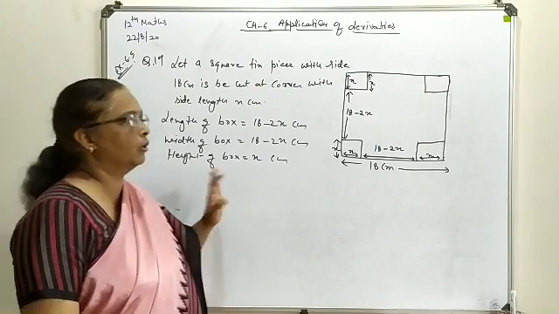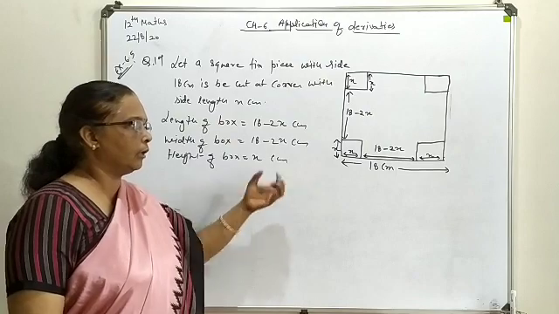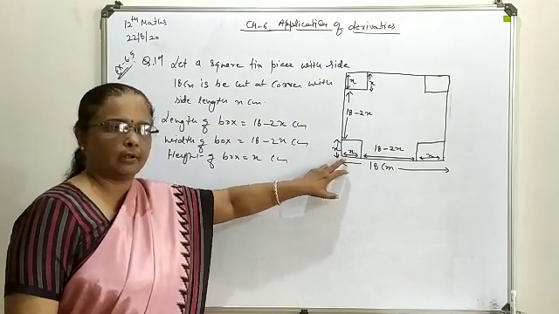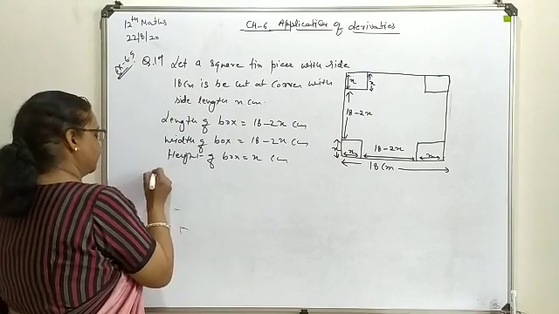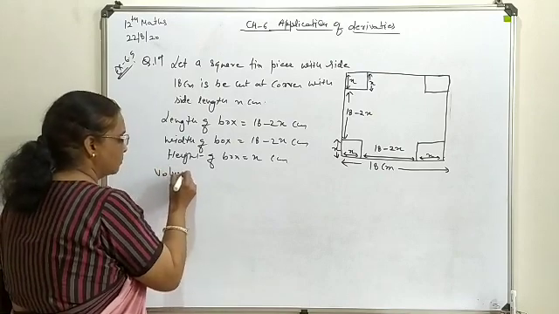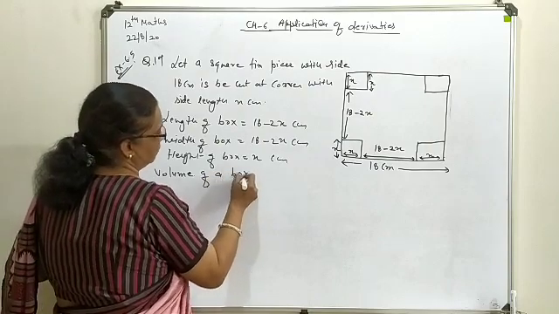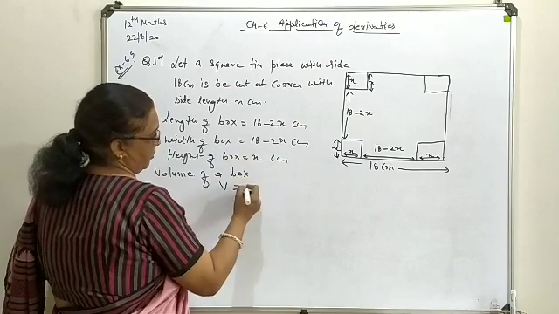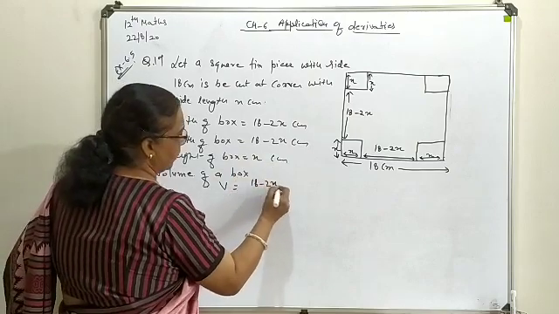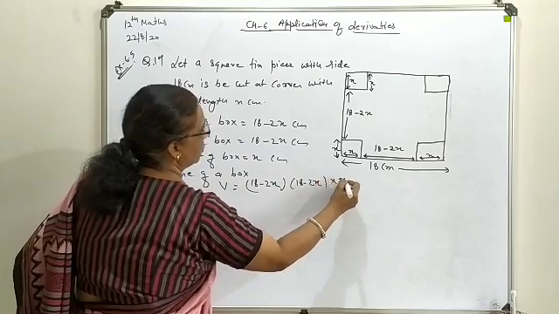Now we have to talk about its volume, to find the maximum volume with the required value of x. The box is a cuboid, so the volume V is L times B times H, that is 18 minus 2x, 18 minus 2x, into x.